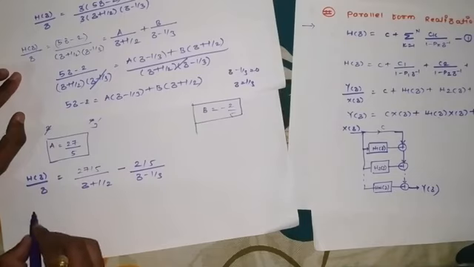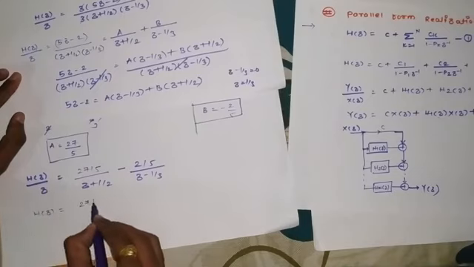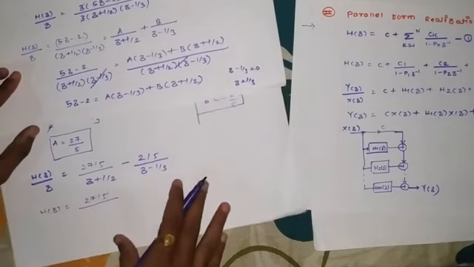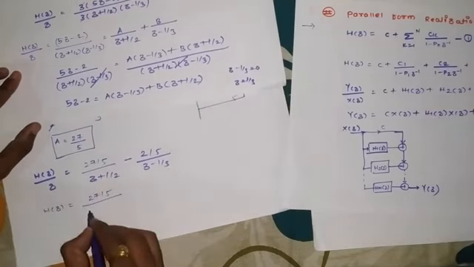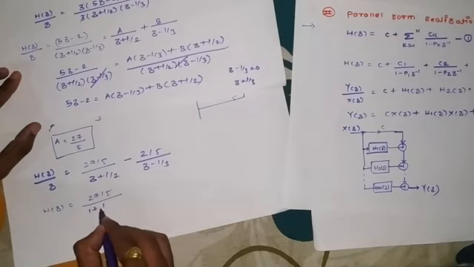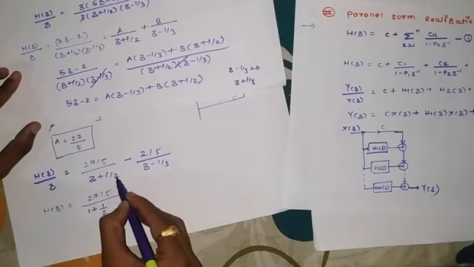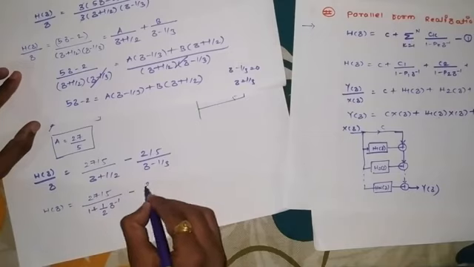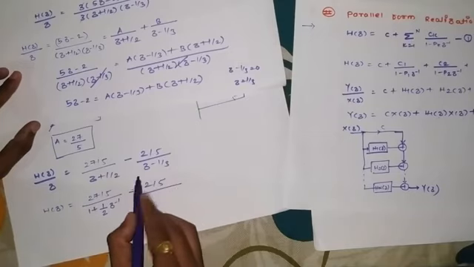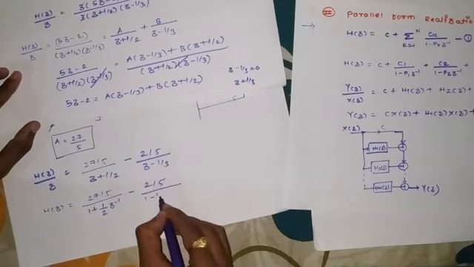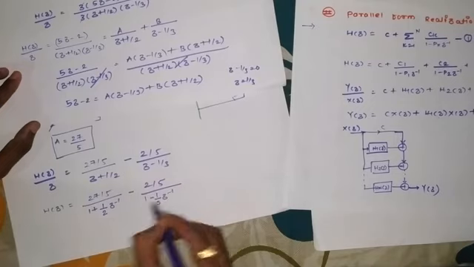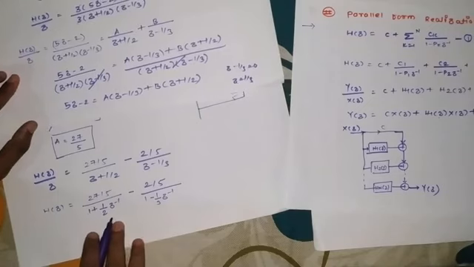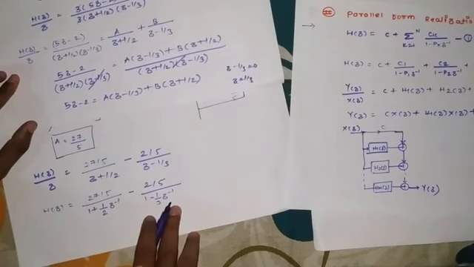So we'll get H(z) equal to (27/5) divided by (1 + (1/2) z^-1), minus (2/5) divided by (1 - (1/3) z^-1). That means now we have this equation in terms of delay elements, z inverse and z inverse.